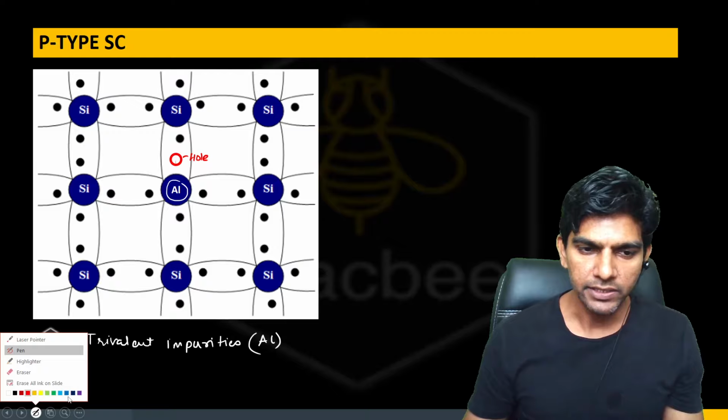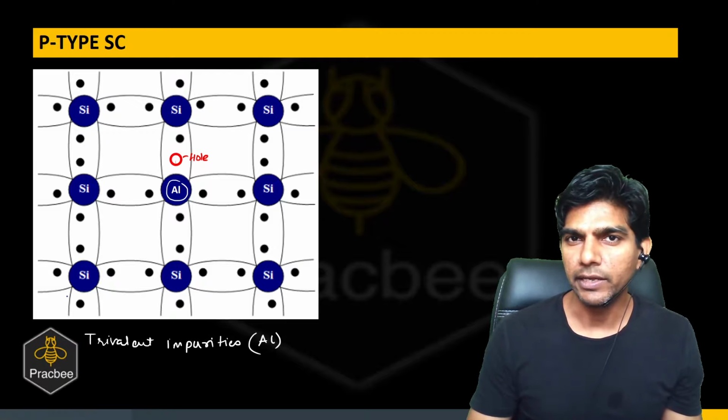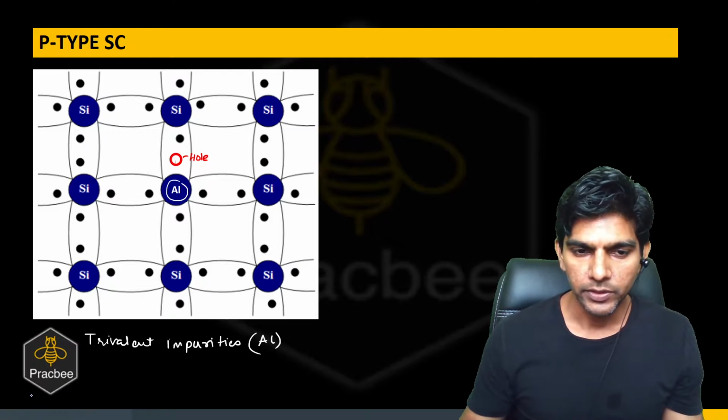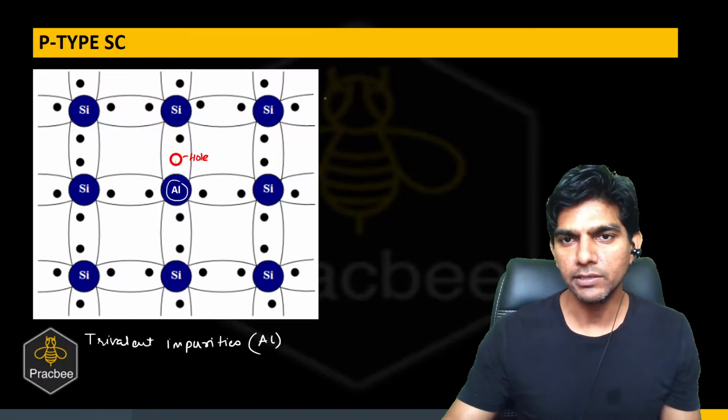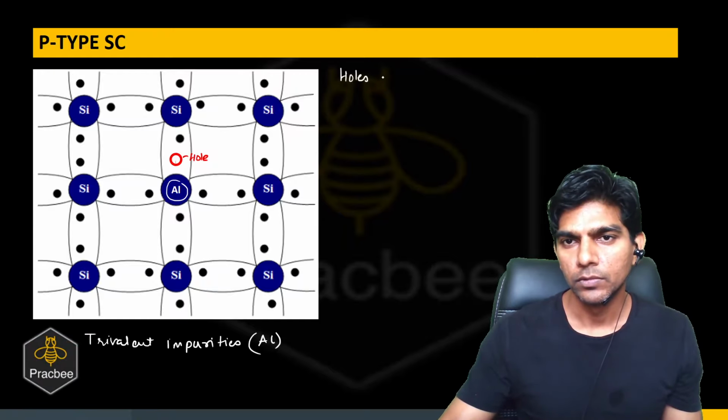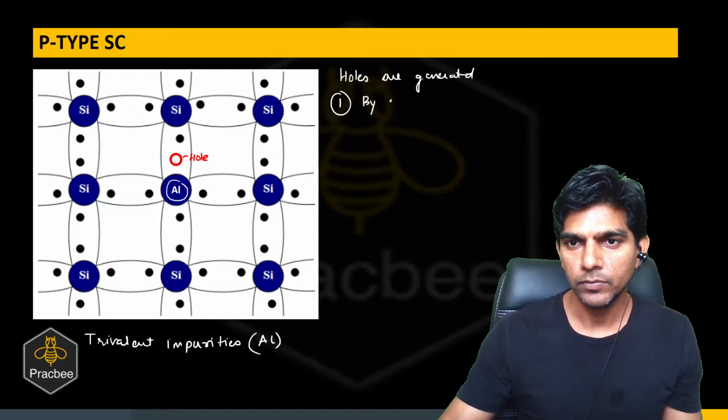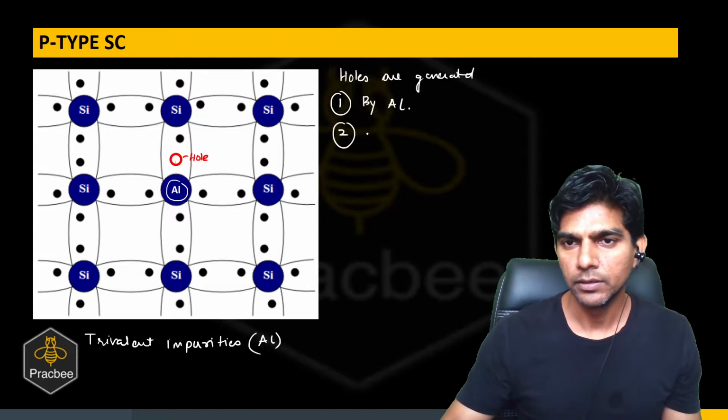Now can you see, if we have say 10 aluminium atoms, there will be 10 holes created by that. And there will be some holes which are being generated intrinsically. So we can say in P-type semiconductor, holes are generated first by aluminium, second intrinsically.